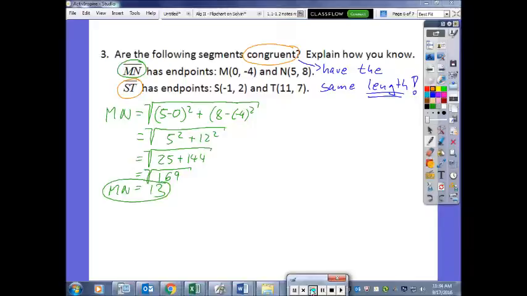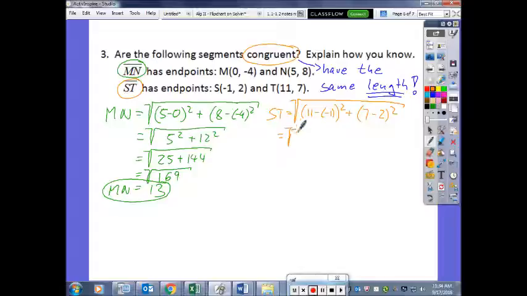Now let's find the length of our segment ST. ST is equal to the square root of (11 minus -1) squared plus (7 minus 2) squared.